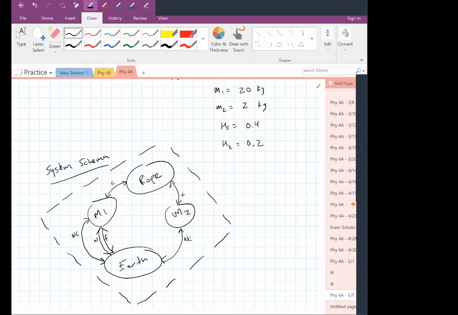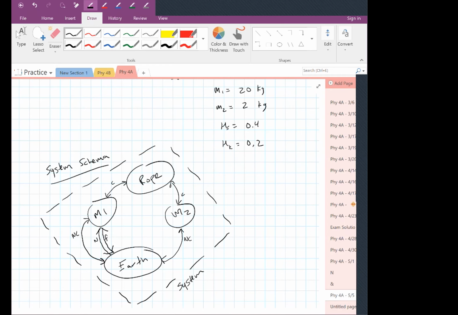Where I have to deal with a rope is if I only have one end of a rope in my system. Then I have one end of a rope reaching into my system doing something, and I have to account for that when I get to energy.